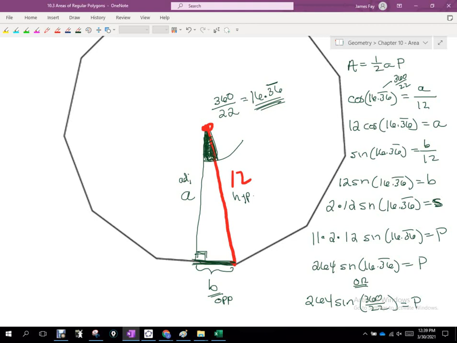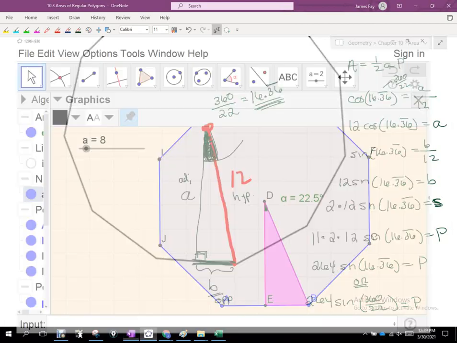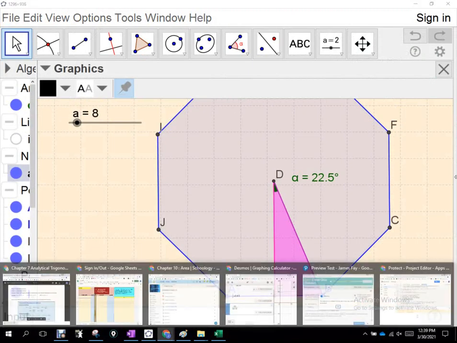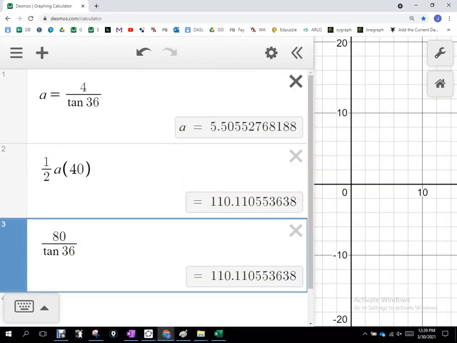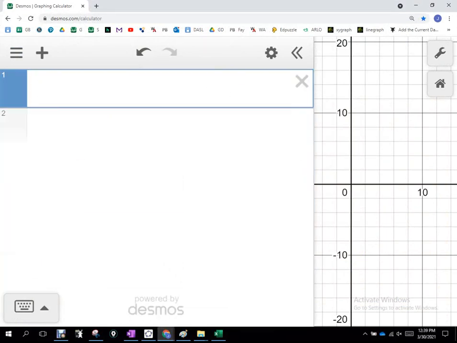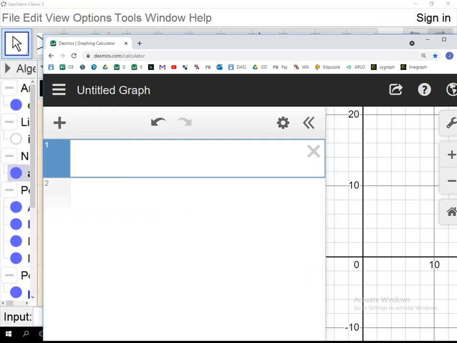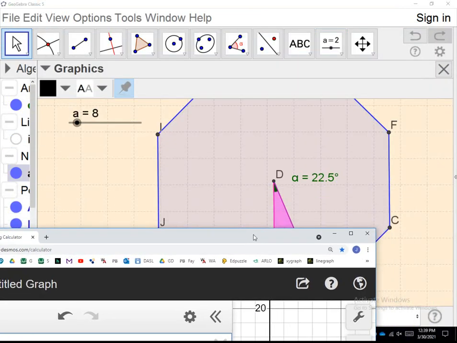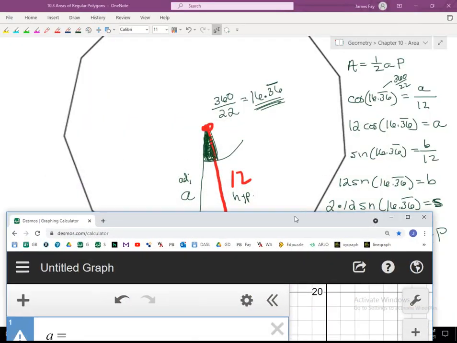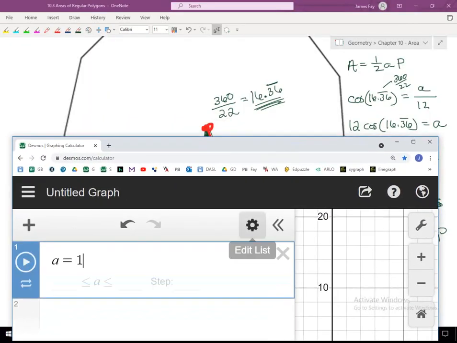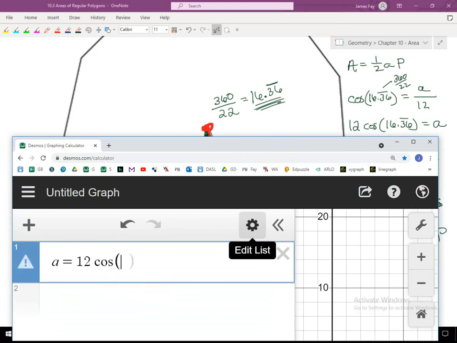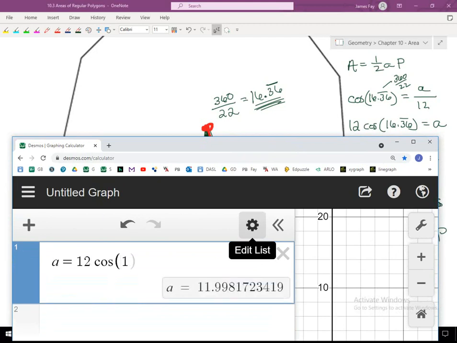So going to our calc, and I strongly suggest you guys use Desmos. Okay, it's going to be the calculator that the end of course exam lets you use. So this is what I like to do. My apothem, we just said when we wrote it out, was 12 cosine of 16.36.